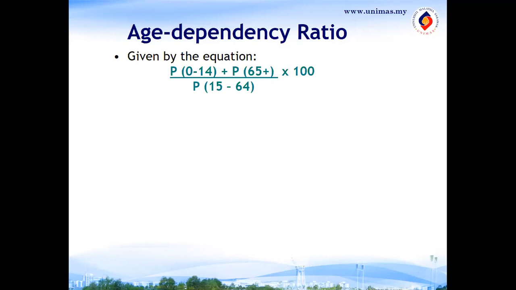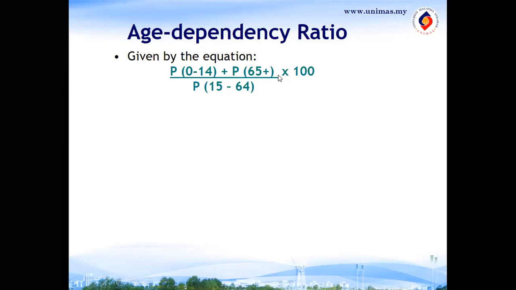Okay. Who do they depend on? They are depending on those who are still working, the working age group lah. Jadi the working age group are those who are between 15 to 64 years old.